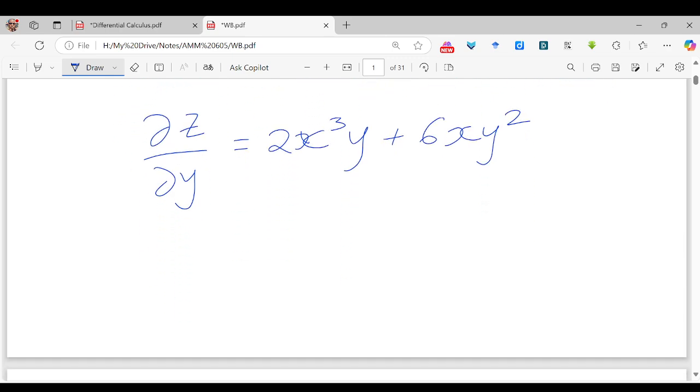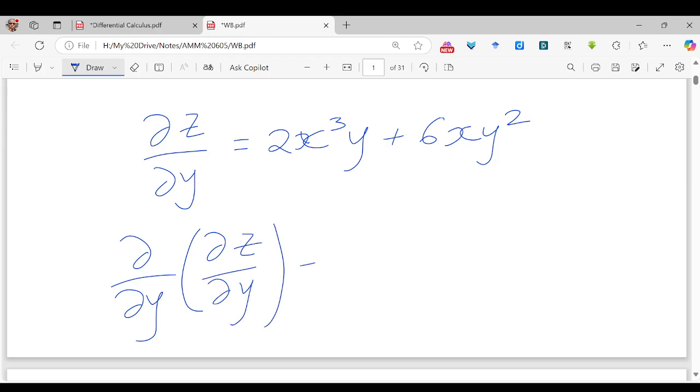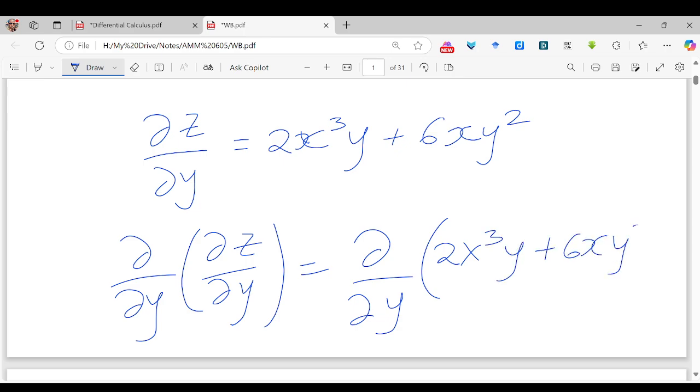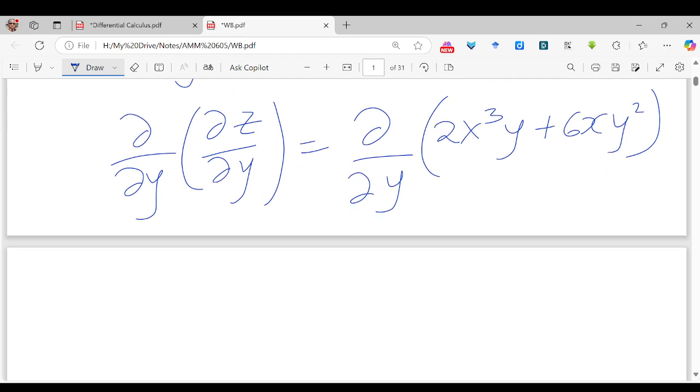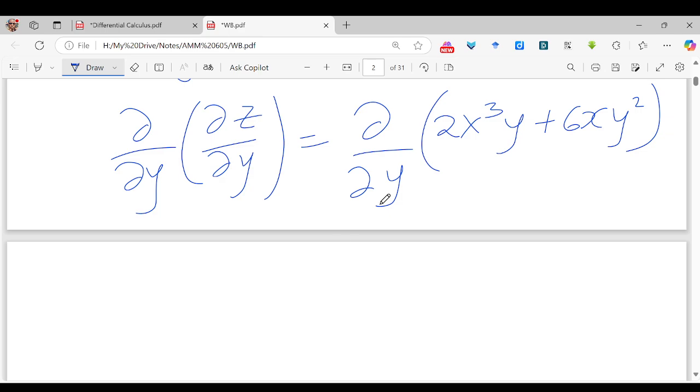So we can differentiate this partially with respect to y: the partial derivative with respect to y of 2x cubed y plus 6xy squared. Because we are differentiating partially with respect to y, we treat x as a constant. So in the first term, we write 2x cubed, then differentiate y raised to power 1 with respect to y.